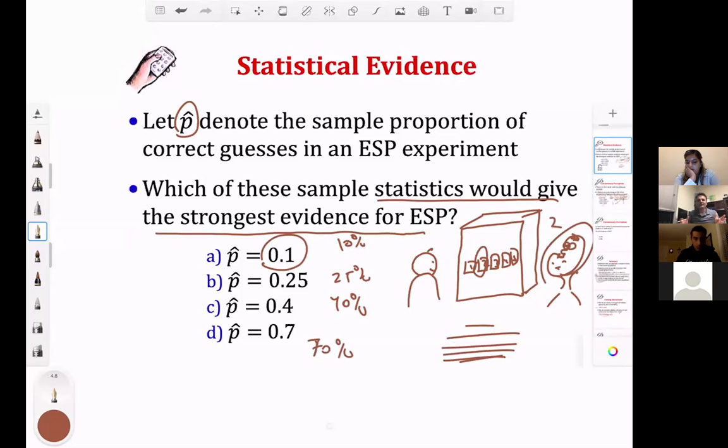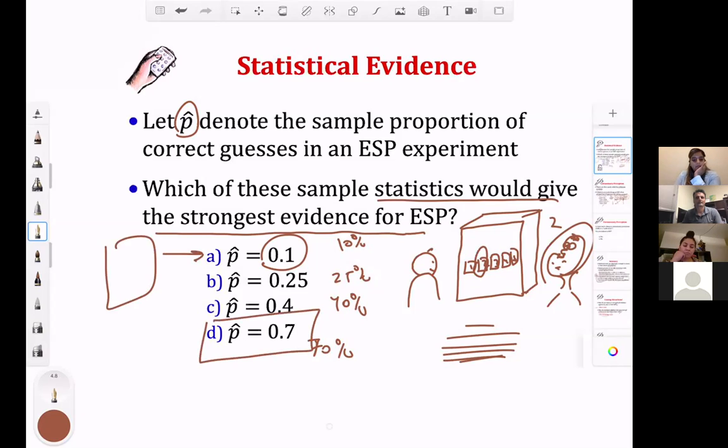If you see the data, which one would you be more convinced by to say there exists ESP?